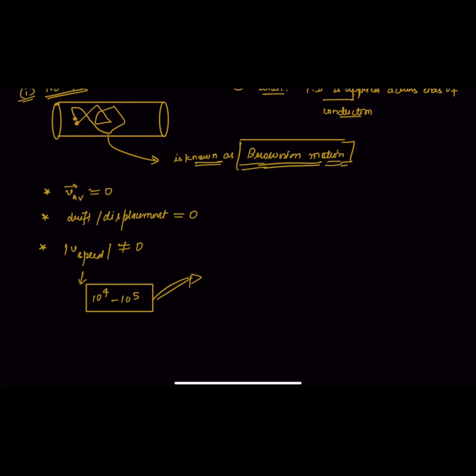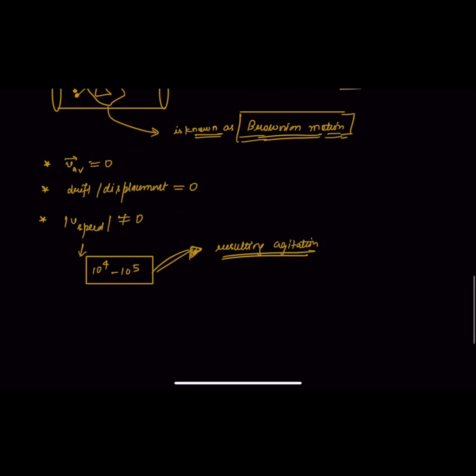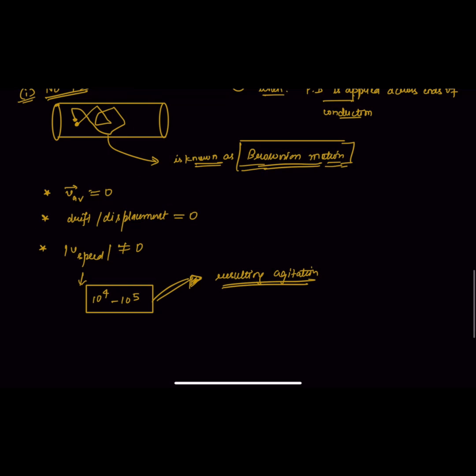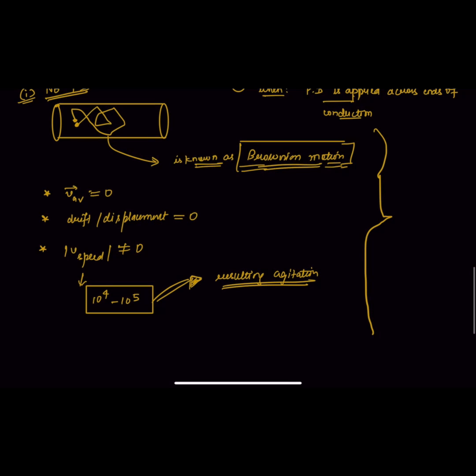Because the speed results from thermal agitation, that is, the heat already present in the surroundings. I'll make you familiar with other concepts in this chapter also. For now, I'll say that this Brownian motion results from thermal agitation or temperature.